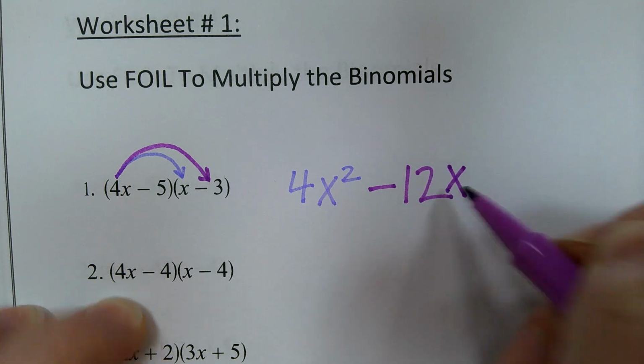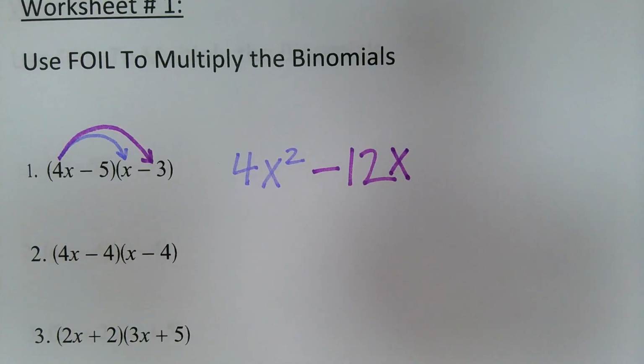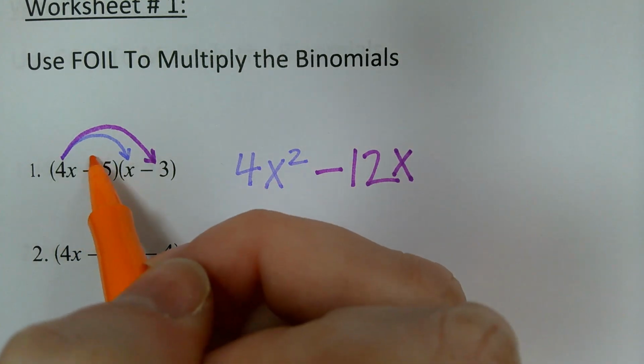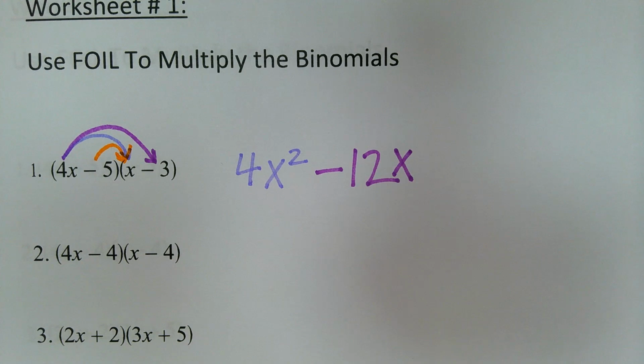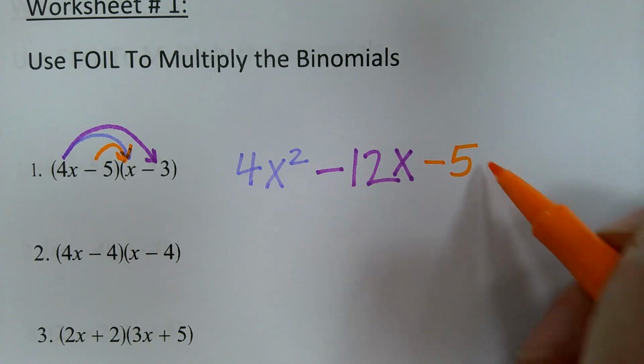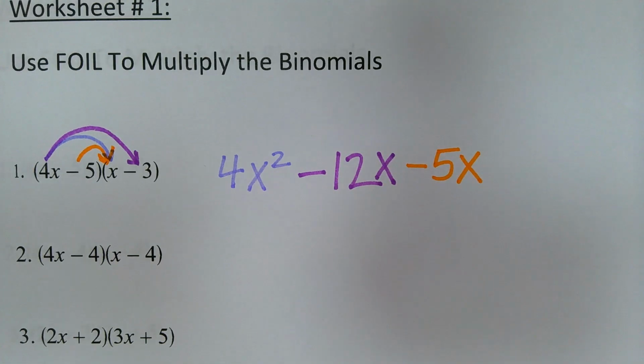We got to keep our variables. So we have 4x squared minus 12x. And what are we multiplying next? Negative 5 times x. What does that become? Negative 5x. Good. Negative 5x. And last but not least, our last terms.